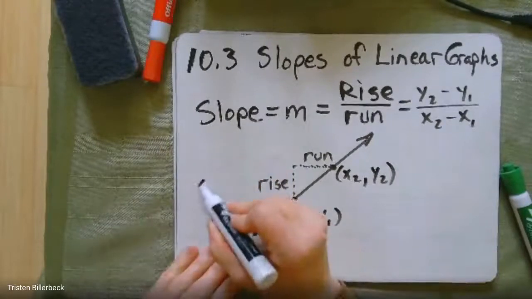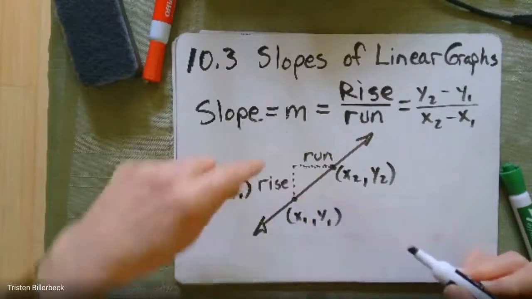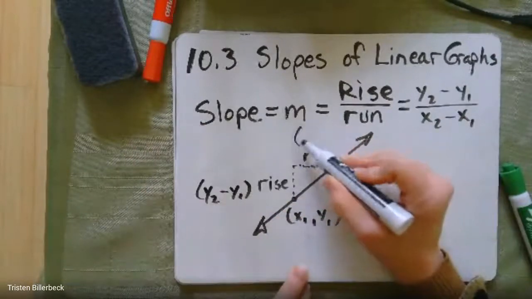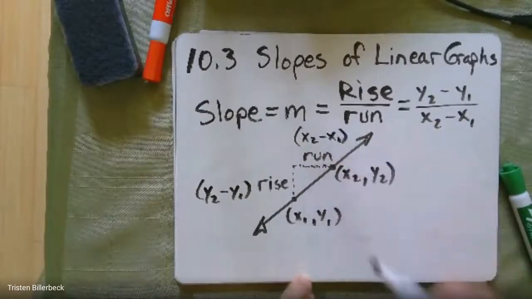So the rise is y2 minus y1, and the run is x2 minus x1. So that's what we're going to be learning today.